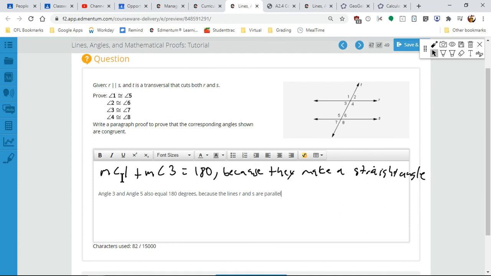And as we learned from before, if we have two parallel lines, these two angles have to equal 180. So we've already said that before. I'm just giving you a little reminder on that. So now we say this.